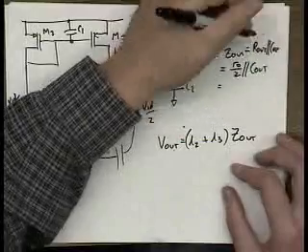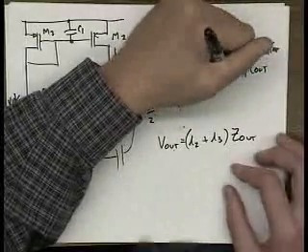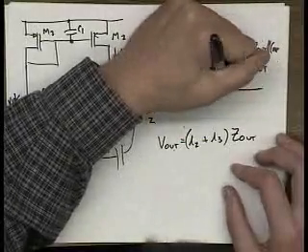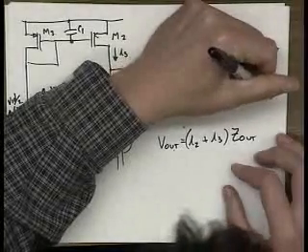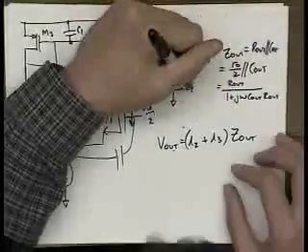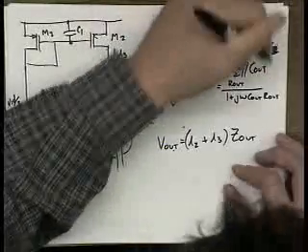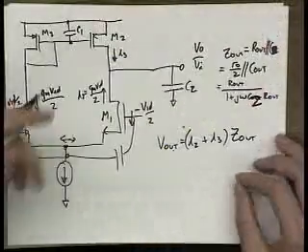Let's just leave it as R out. It's equal to R out over 1 plus j omega C out R out, and the capacitance C out is C2.